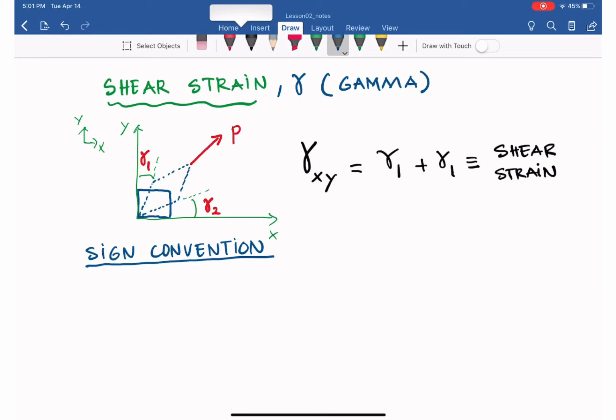For example, in the case that we demonstrate there, it will be positive if theta, the angle in there, decreases. And of course the opposite is negative shear strain if theta increases.